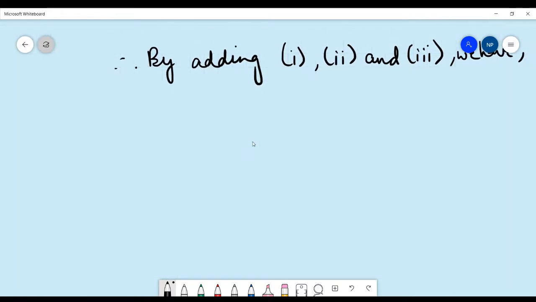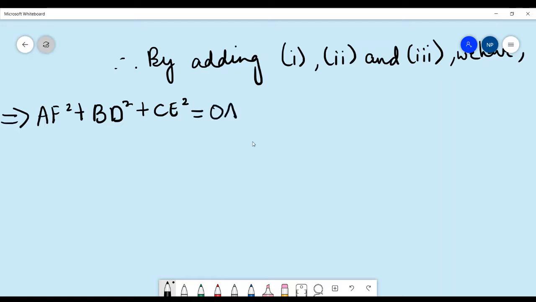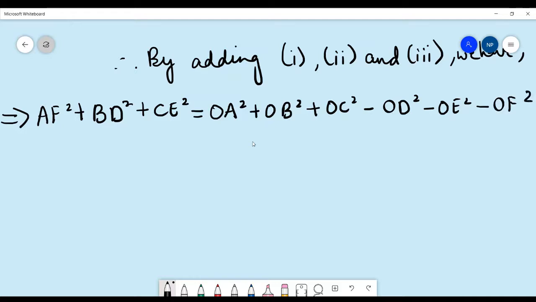By adding we will get AF square plus BD square plus CE square is equals to OA square plus OB square plus OC square minus OD square minus OE square minus OF square. Is that clear? So here the first part is proved.